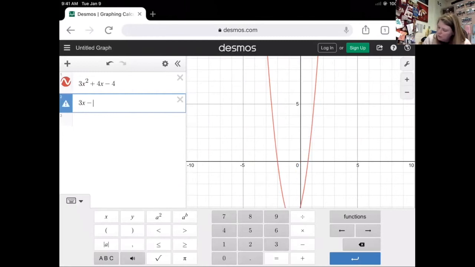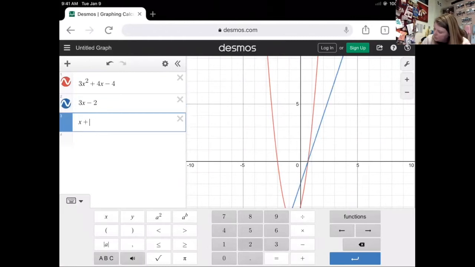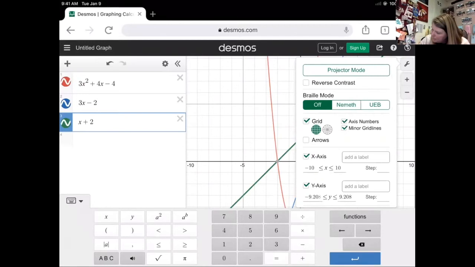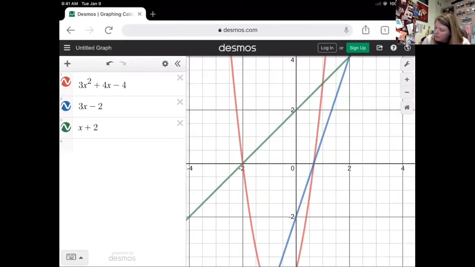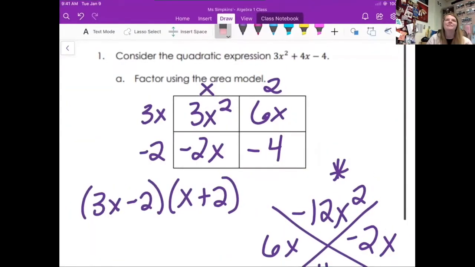Minus 2 and x plus 2. And you can see that my two lines cross my parabola wherever that parabola touches the x-axis. Wow. Everybody say wow. Wow. It's exciting.